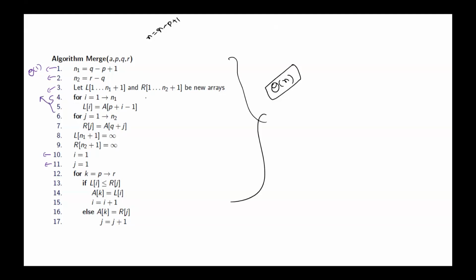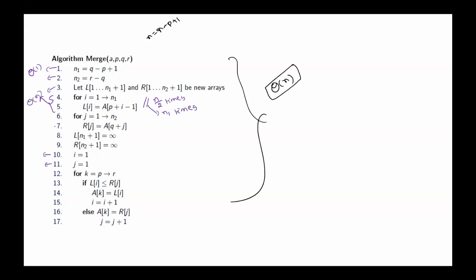It is actually n by 2 times, or exactly speaking, n1 times. Because our answer should be in terms of n, we can say that it is theta of n.